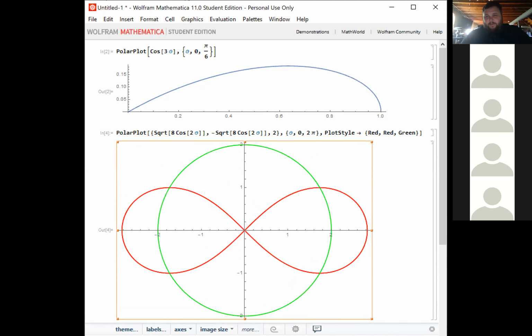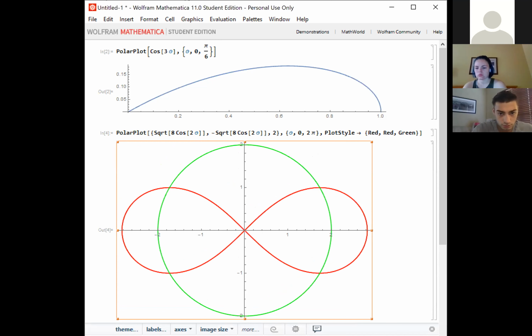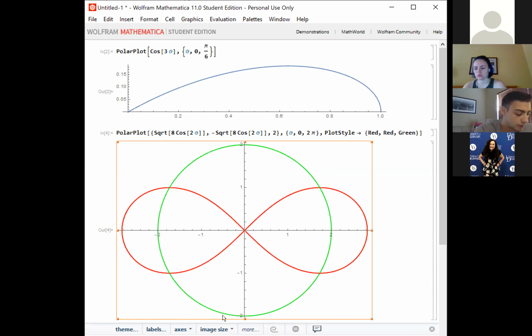Can everyone see that okay? Yeah. Thank you. So we've got r equals 2, that's the green circle. And then we've got r equals the square root of 8 cosine 2 theta, which is the infinity symbol, right?